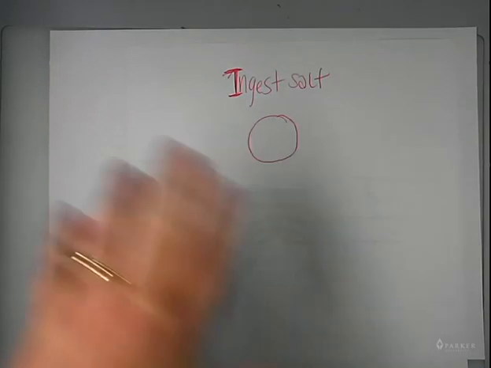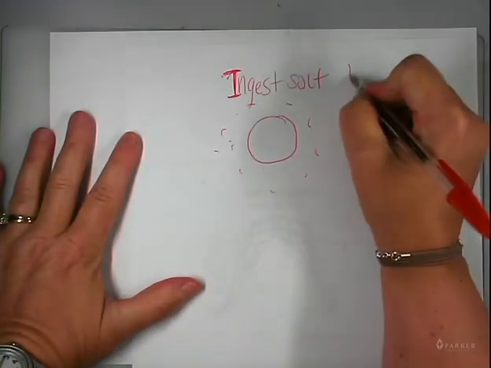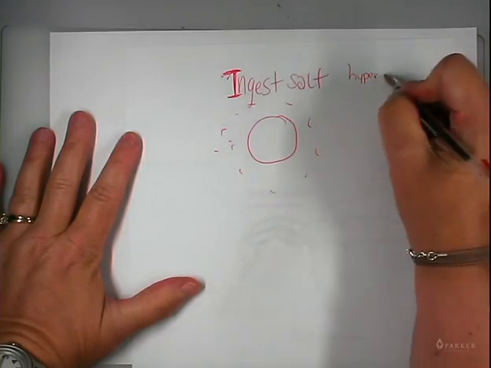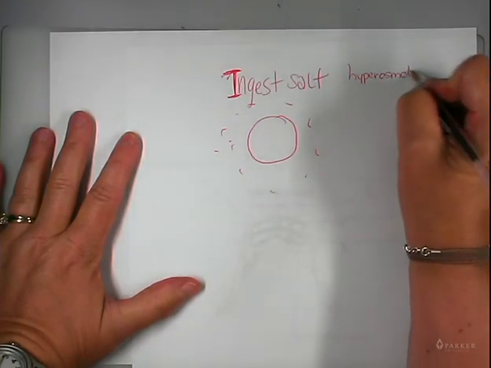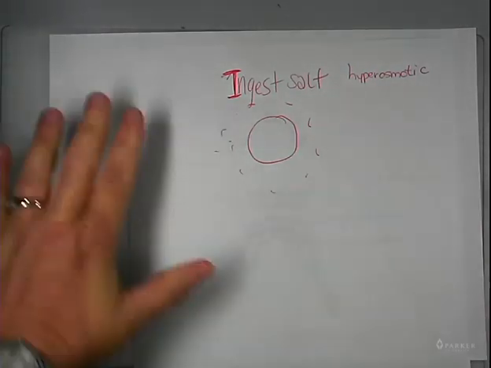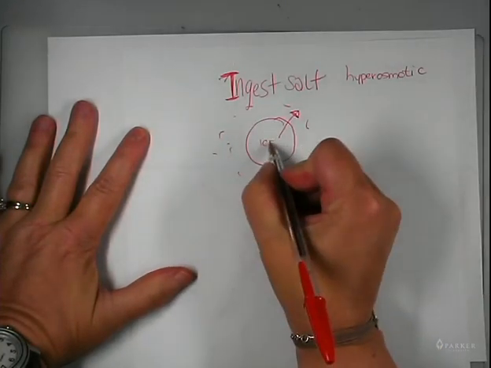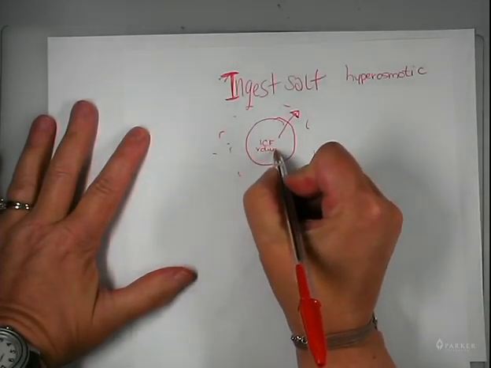Eating a whole bunch of salt, it's going to increase. So automatically, I'm going to say hyperosmotic, before I screw up. So where does water want to go? Inside, or does it want to go out? So ICF volume is going to decrease.